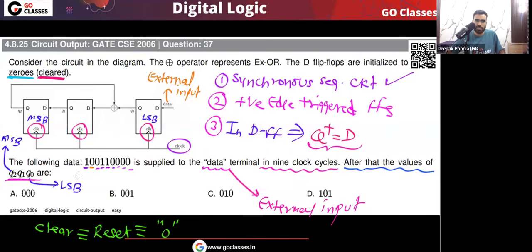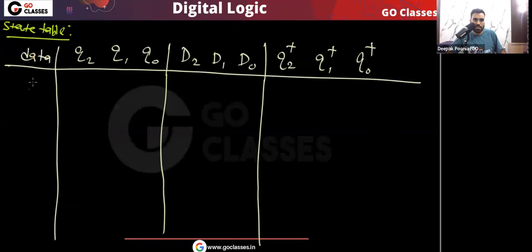So in the first clock cycle, we are applying this 1 at the data terminal. Then in the next clock cycle, this 0 we are applying at the data terminal, like that. So you can see this data terminal over the 9 clock cycles.